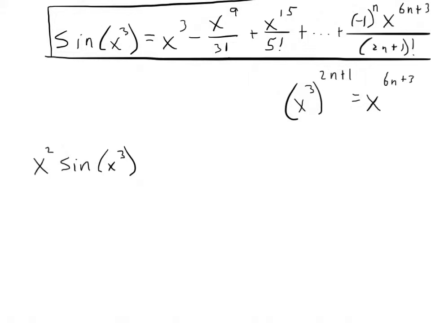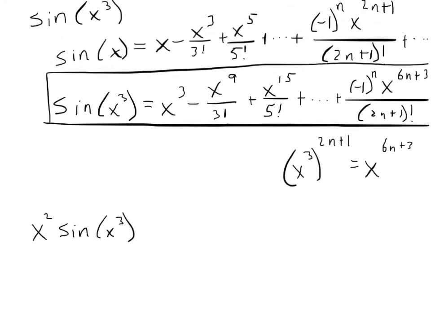The easier way is to say, look, if I already knew what sine x was, I could figure out what sine x cubed was. Once I knew what sine x cubed was, I could just multiply it by x squared. Understand, this sine x cubed is just this. And so if I just distribute x squared through this thing, I'll get what this is, right?